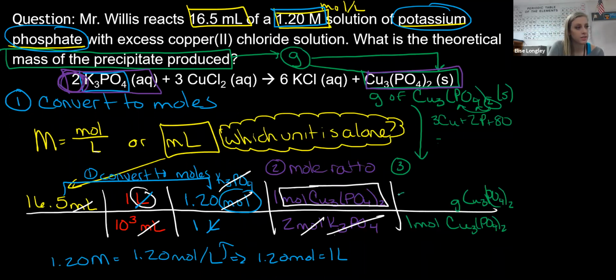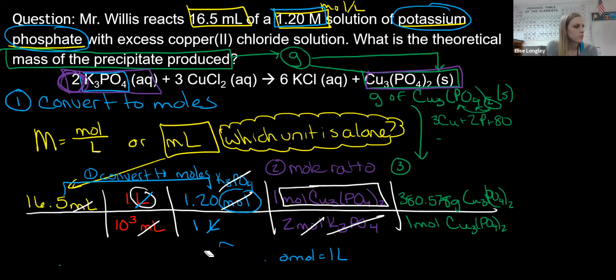Yes, 380.578. If you plug this in your calculator, when we're plugging things in the calculator, you pretend each line is parentheses. So I would write open 16.5 close, open 1 over 1,000 close, or 10 to the third.